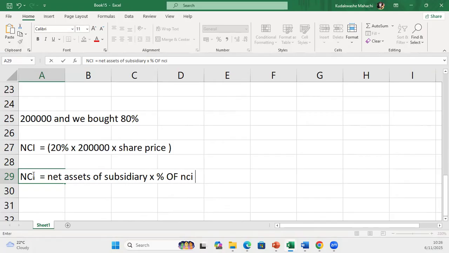So let's say the subsidiary had net assets of 20,000, and we bought 80%.